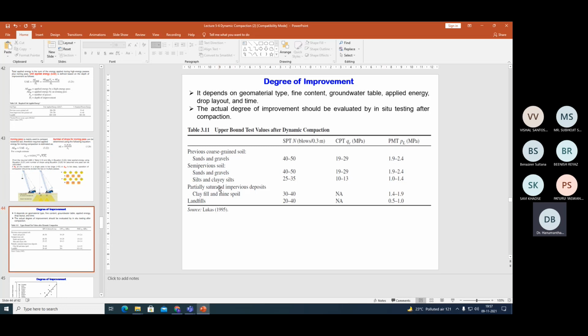Suppose the SPT on post-compacted soil is 40 to 50, then it is improved to the desired degree. Or if we have conducted the cone penetration test and you are getting Q C between 90 to 29, then we can presume that the pervious coarse grained soil has achieved the desired degree of improvement. So these are some guidelines.